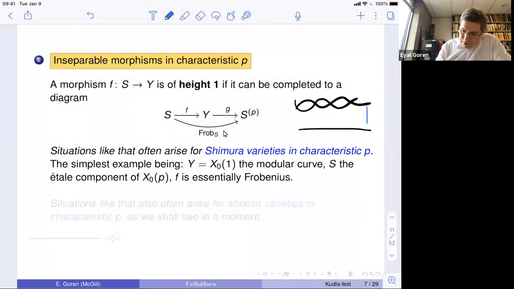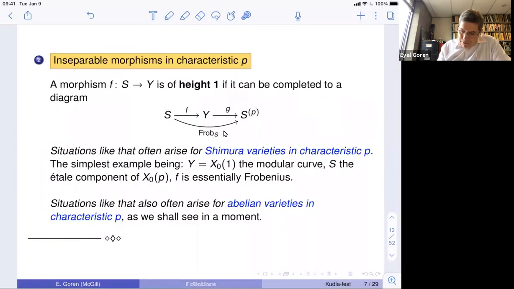On one of them, the natural map is an isomorphism, and on the other strand, the natural map is essentially the Frobenius map from that curve to itself. So that's one basic example where this arises in the context of Shimura varieties.